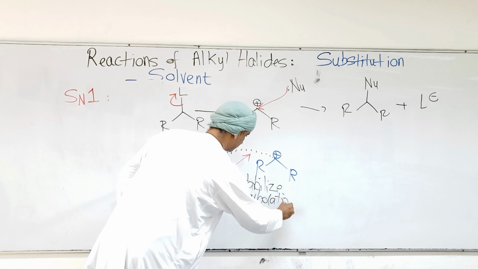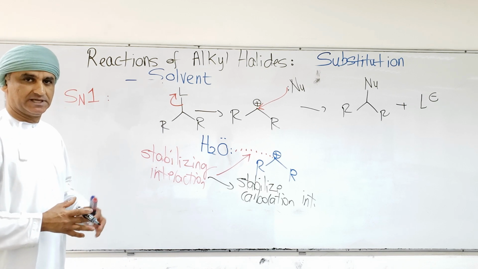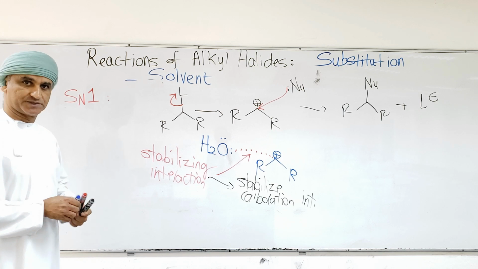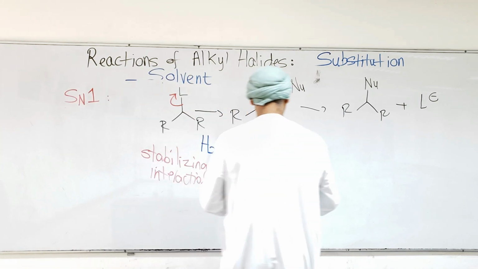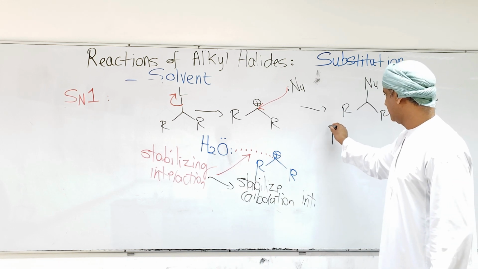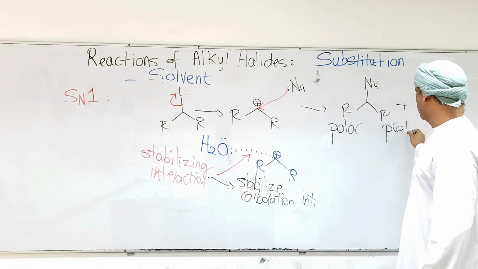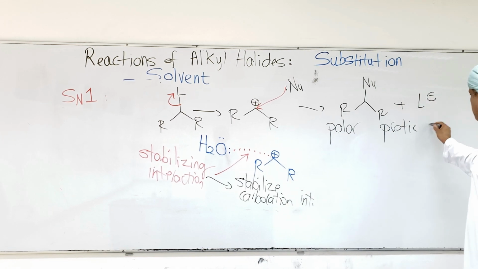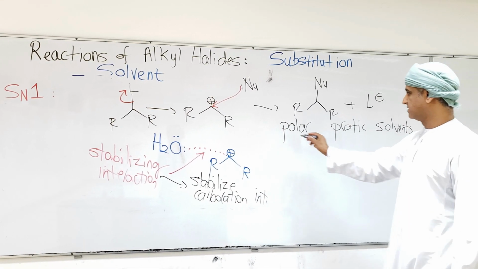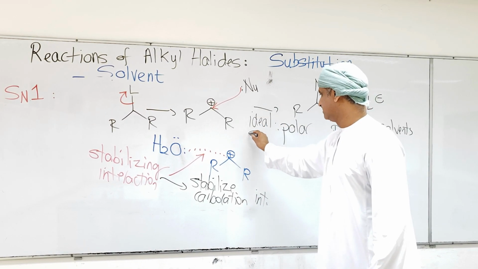Any solvent that can stabilize the carbocation intermediate should be suitable in the Sn1 reaction. Water, as an example, and alcohols are also suitable in this reaction. So the requirements for the solvent should be polar protic. Polar protic solvents are ideal in this reaction.